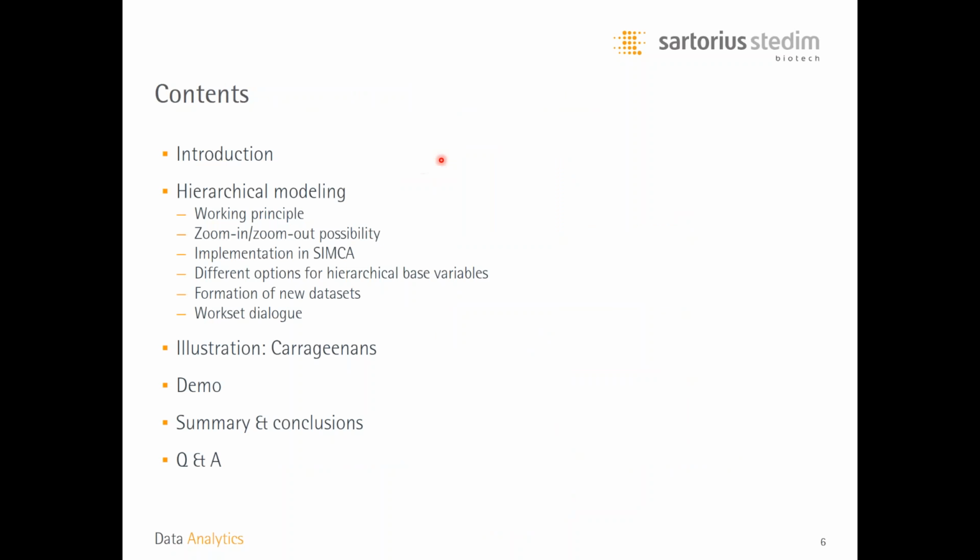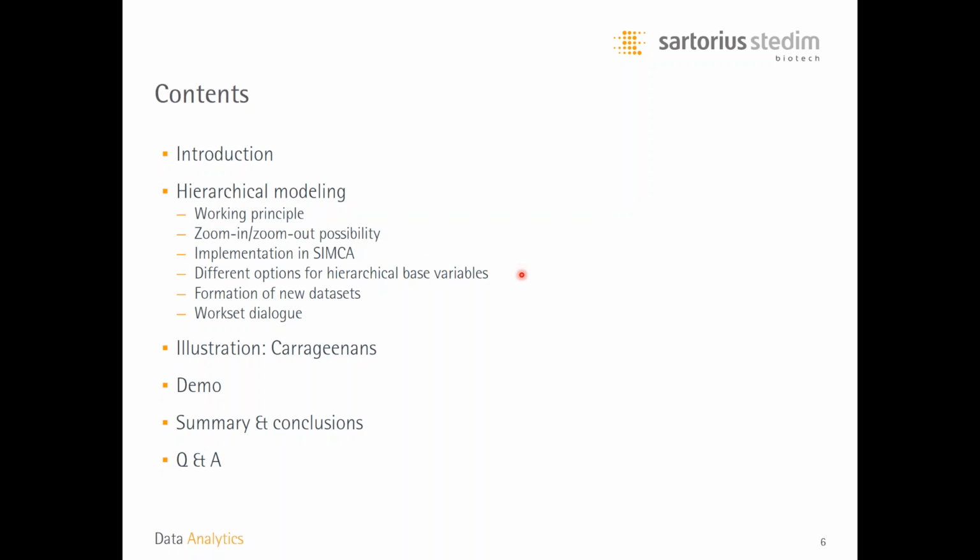So, going into today's topic about hierarchical modeling, we can see the contents here. First of all, we will have a little introduction. We will then zoom in on the topic of today. We will look at the working principle. We will take a look at what we mean by the zoom in, zoom out possibility. We will view how hierarchical modeling is enabled in the Simca software.